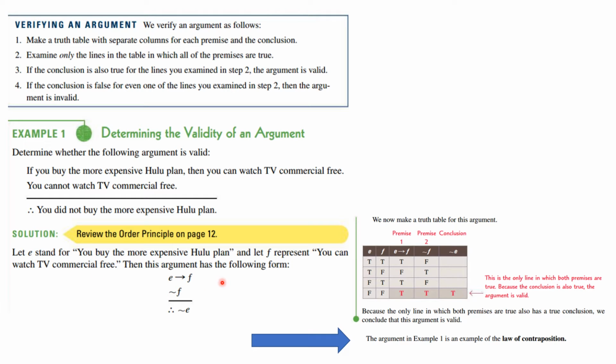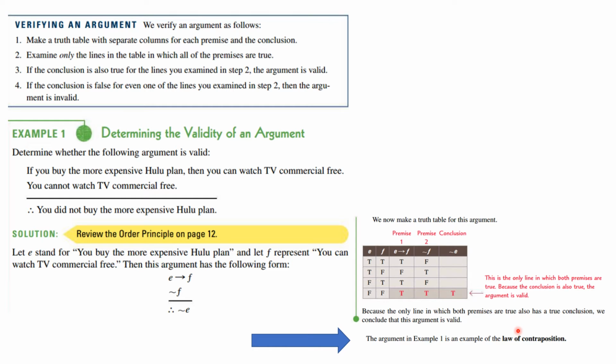So this argument has the following form: if E, then F, not F, therefore not E. So I make a truth table with E and F, E implies F, not F, and see what we have. We cross out all those where any of the premises are not true, but this is the only line in which both premises are true, and because the conclusion is also true, the argument is valid.